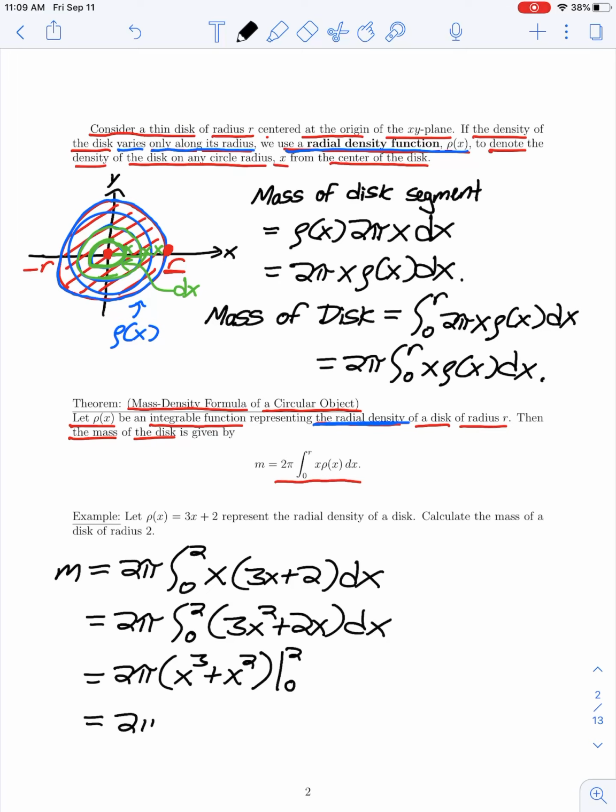So we're left with 2 pi times, when we evaluate at x equals 2, we have 8 plus 2 squared is 4. And then we subtract what we get when we substitute in x equals 0, which would be 0. So finally, we have 2 pi times 12, which would give us 24 pi for the mass of the disk being described in this problem.